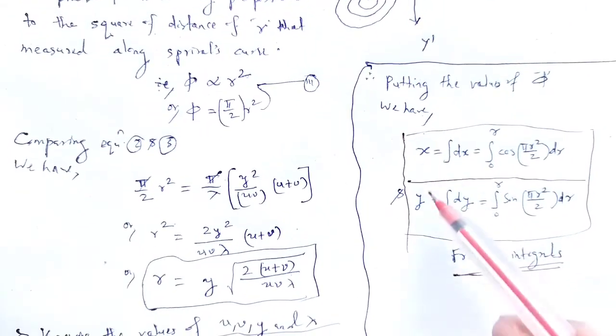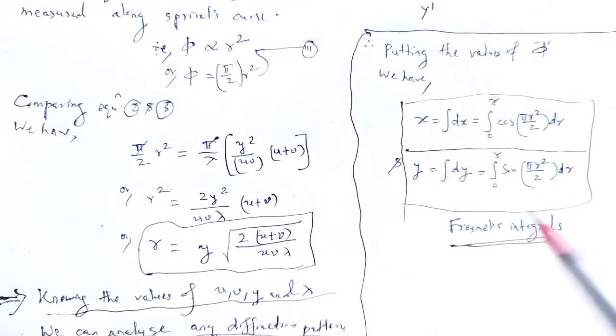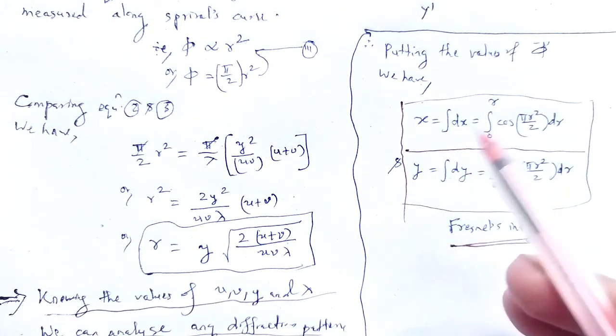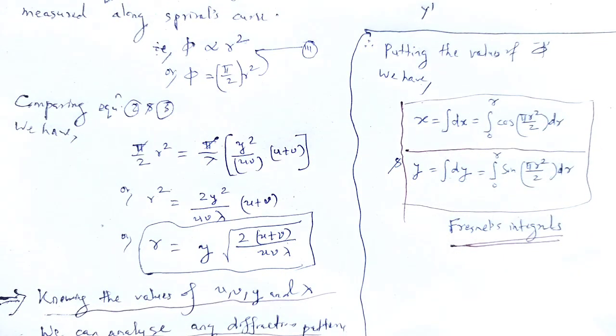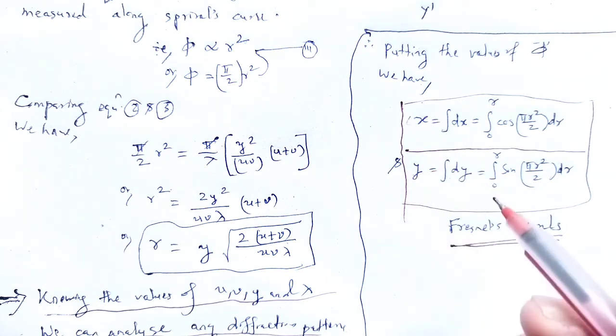From the values of x and y, we can easily calculate the intensity, as these two represent the resultant amplitude in terms of x and y.